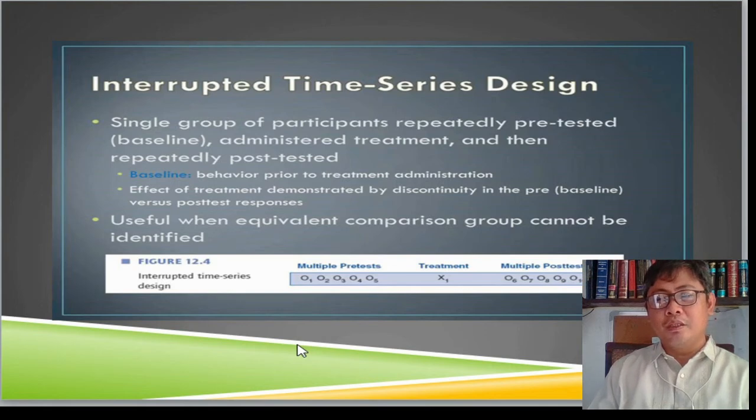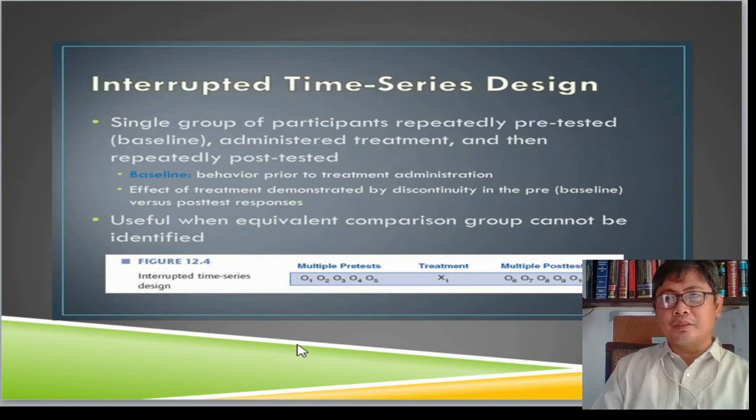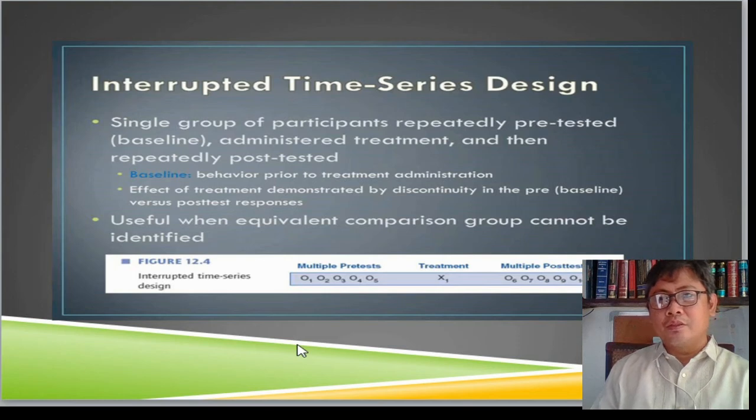So you'll be conducting three data collections: pre-testing without any treatment, second you administer the treatment, and the third is repeated post-testing. So baseline behavior prior to treatment administration, and then the effect of treatment demonstrated by the discontinuity in the pre-baseline versus the post-test response. It is useful when an equivalent control group cannot be identified.